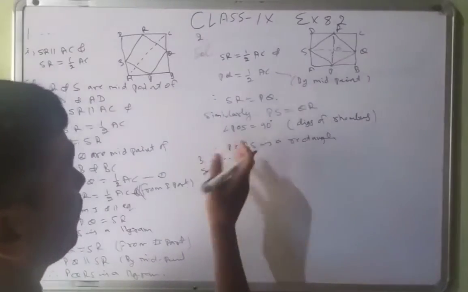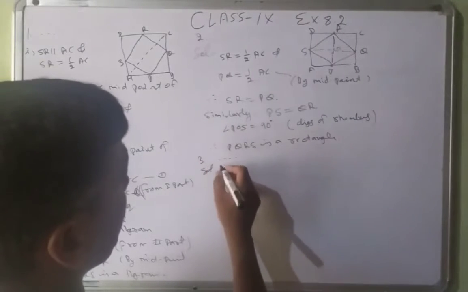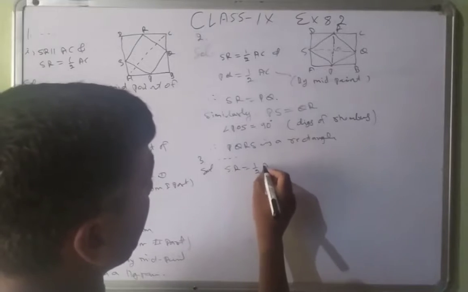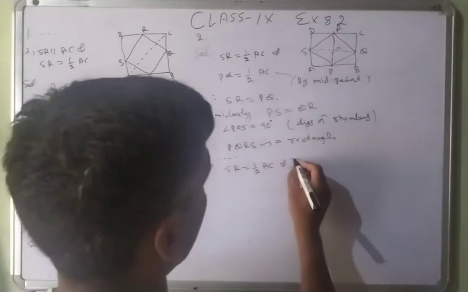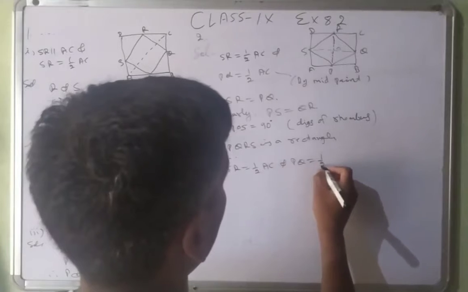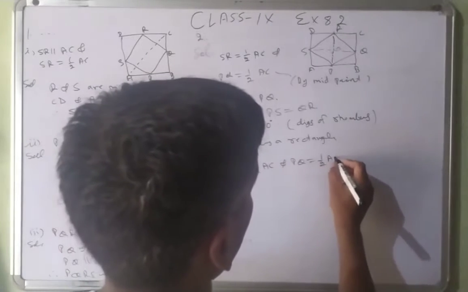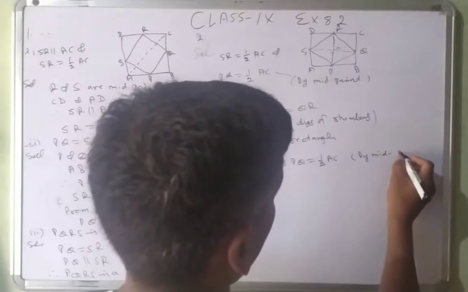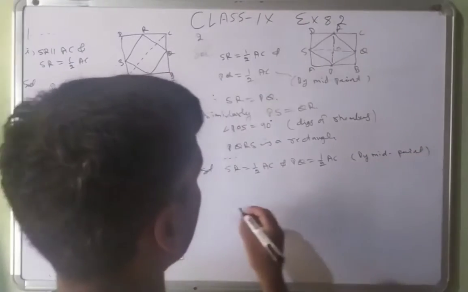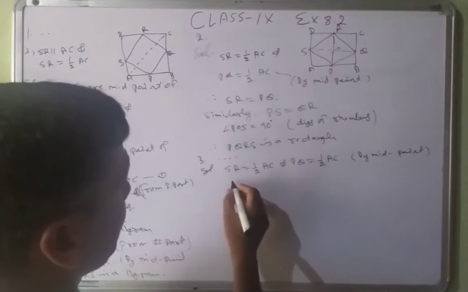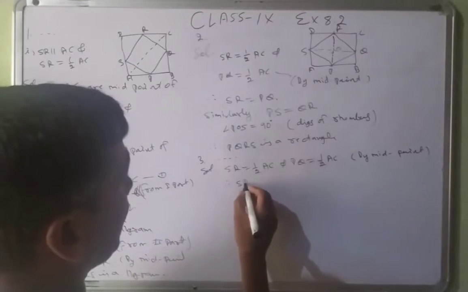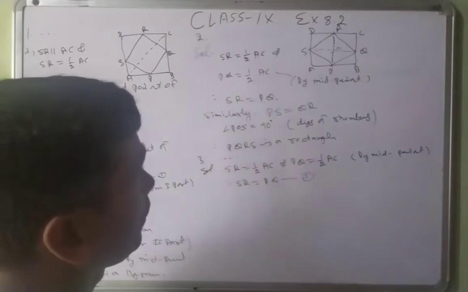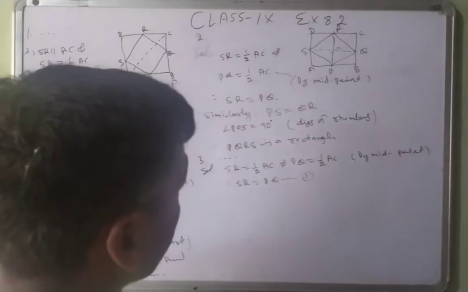So it is just the opposite of the second question. Similarly, SR is equal to half of AC and PQ is equal to half of AC by the midpoint theorem, so SR is equal to PQ. That is the first equation.